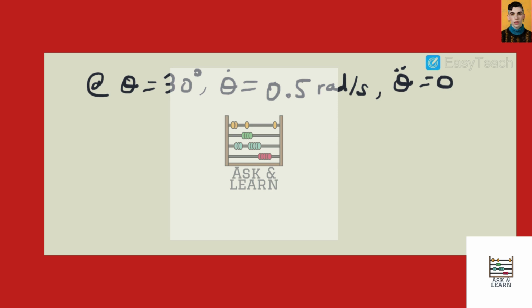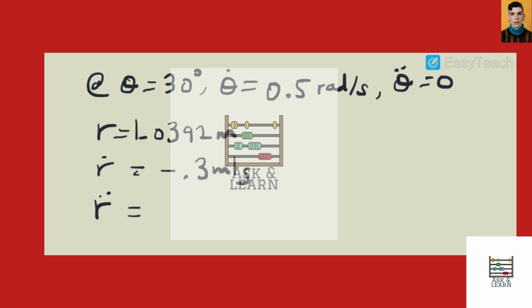Knowing these, we can plug into the equations we just solved for r dot, r double dot and r. So r is equal to 1.0392 meters, r dot is equal to negative 0.3 meters per second, and r double dot is equal to negative 0.2598 meters per second squared.